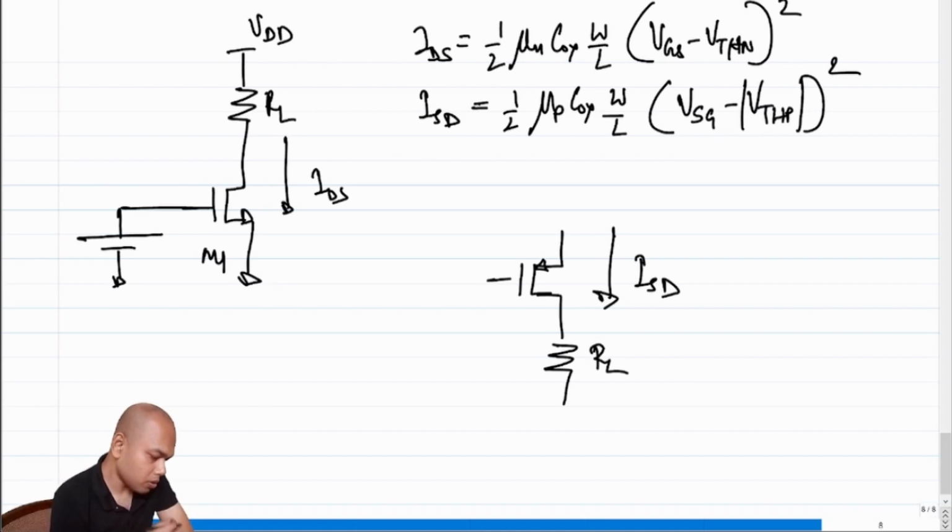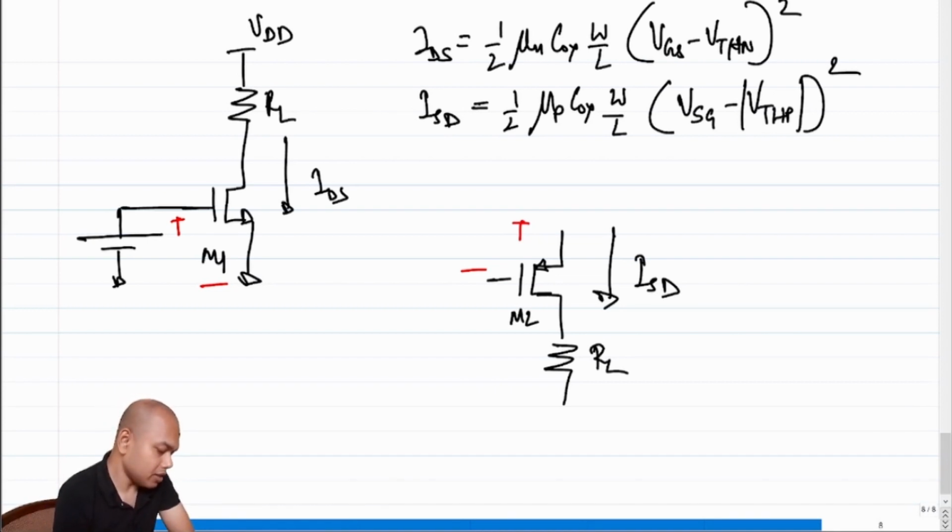And we also know that if we want equivalence of IDS and ISD, we need to have some held value between the VGS of M1 and the VGS of, let's say, M2, right?